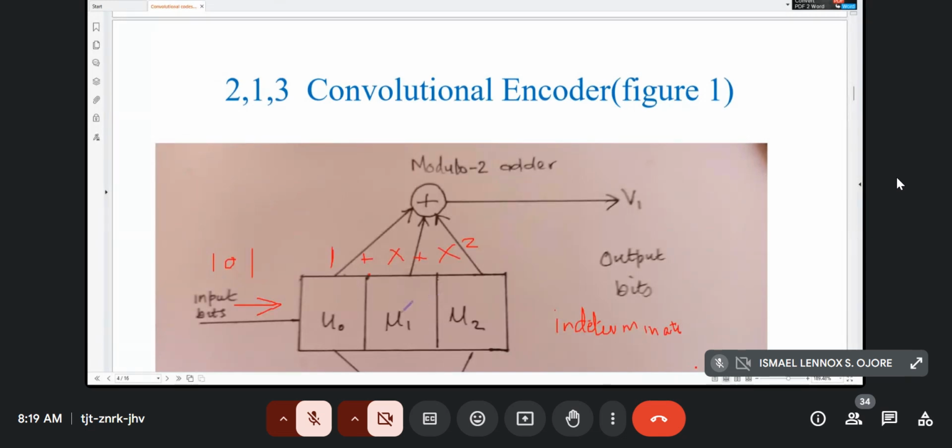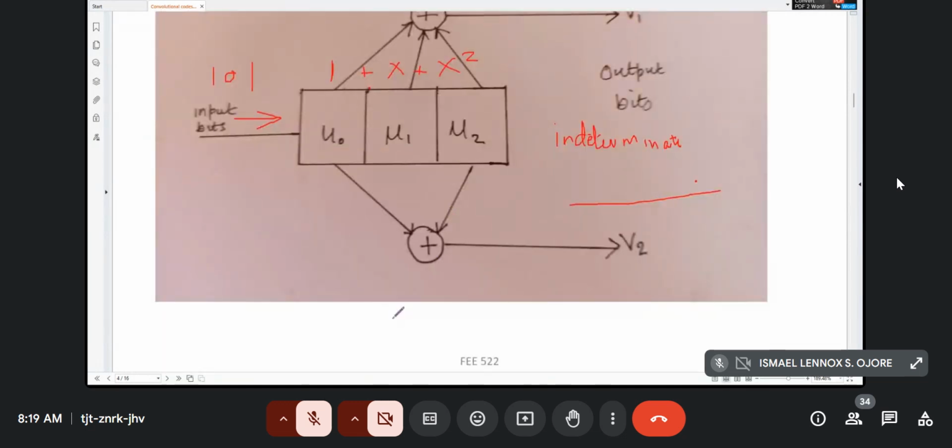The actual bit you put in is this one, but the other two still influence the output. We call these 2 bits the state of the encoder, because this is the state when you put the bit into U0.